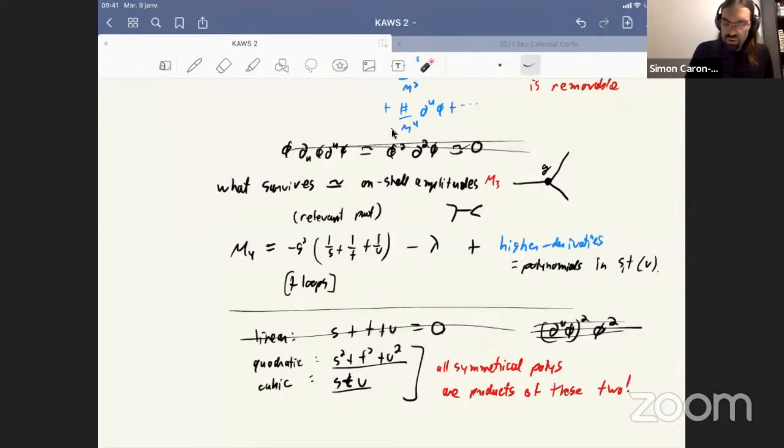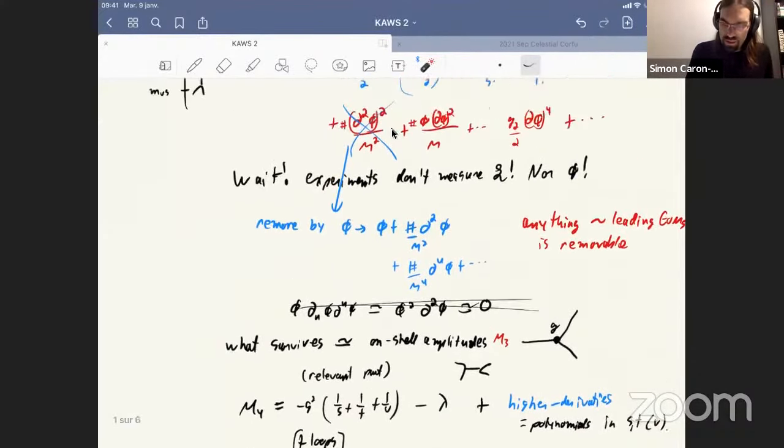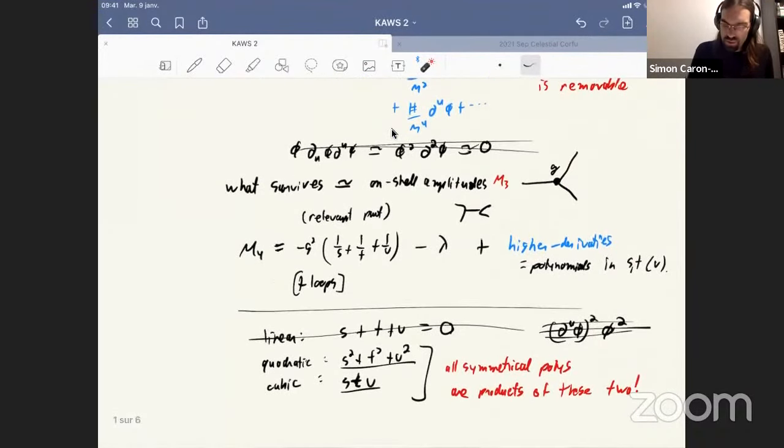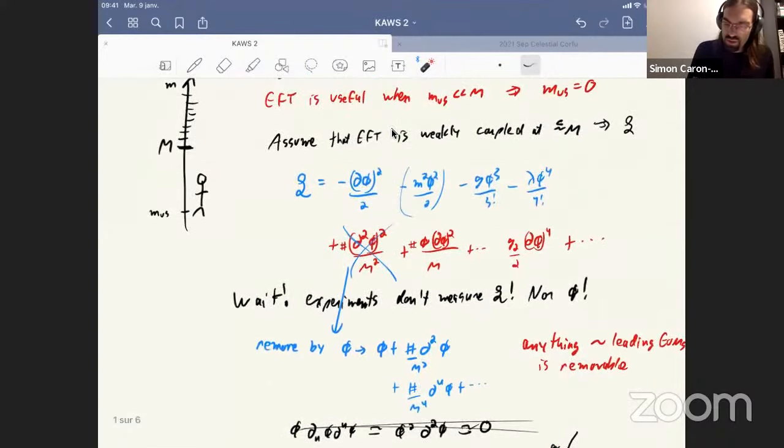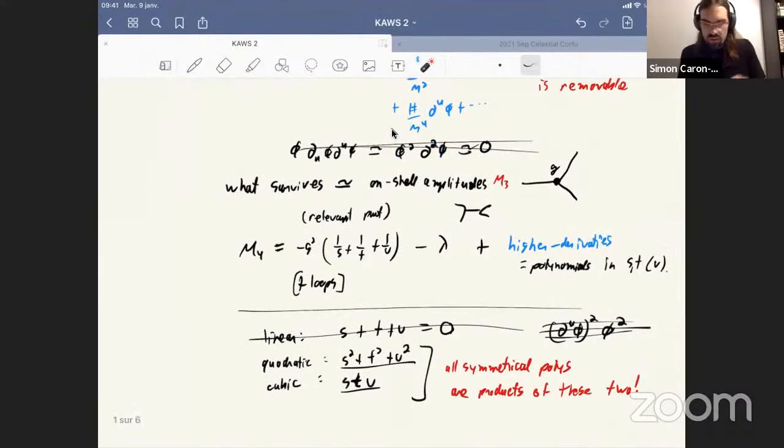So our goal is going to be to constrain the coefficients of these things, which map to terms in the Lagrangian, like this one. Let me rewrite it because it's going to be useful.